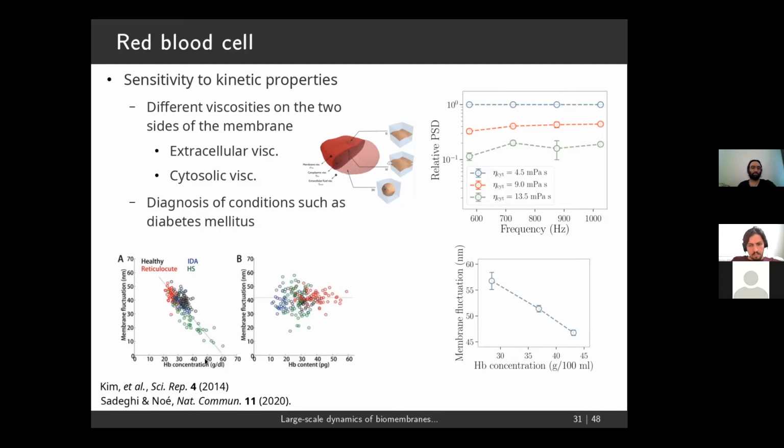So, for example, when someone has diabetes, that affects the hemoglobin concentration inside the cell, and that would be observable in the fluctuations of even one red blood cell. And so we also showed that the same effect could be observed in this model.